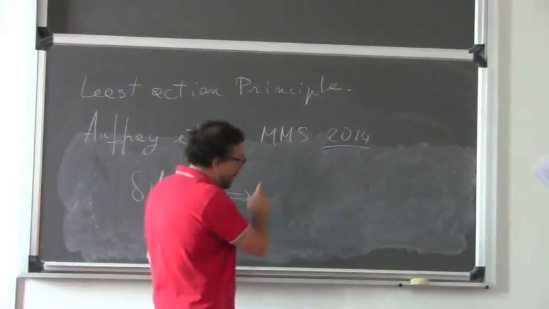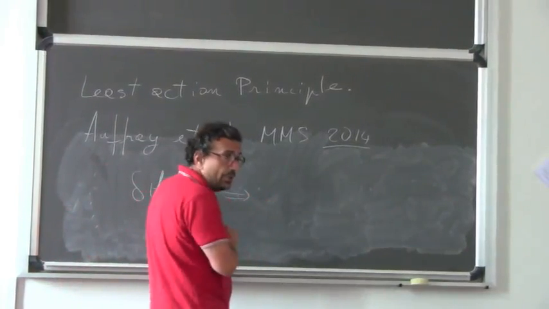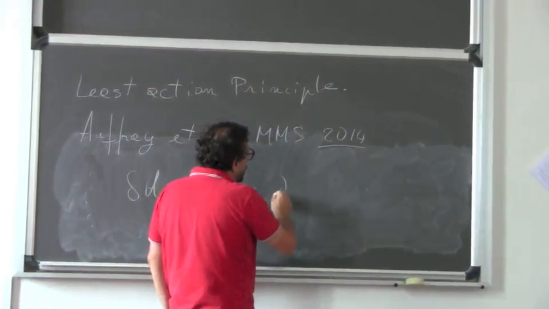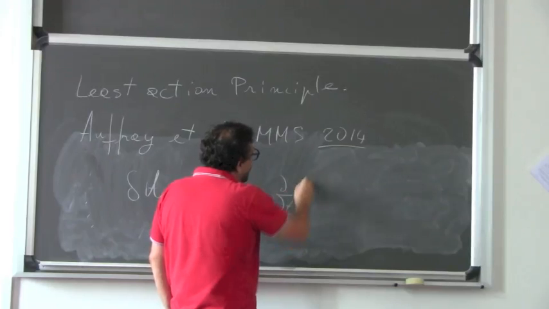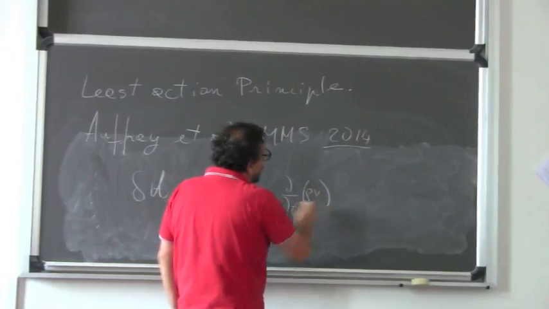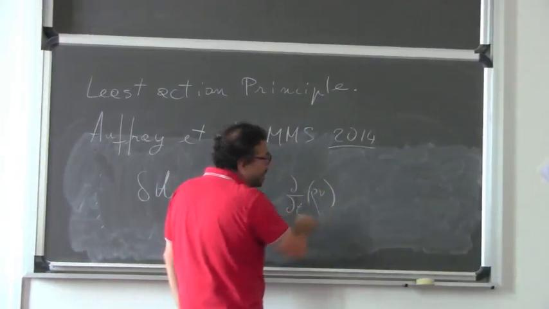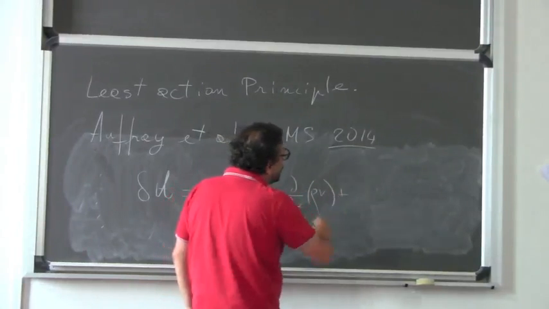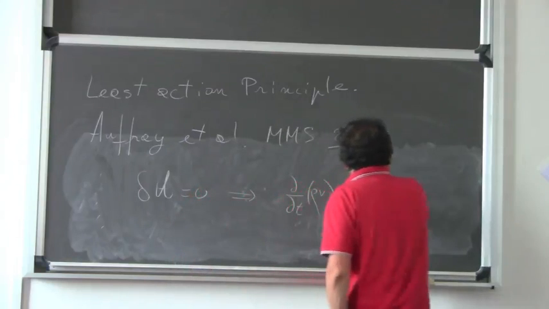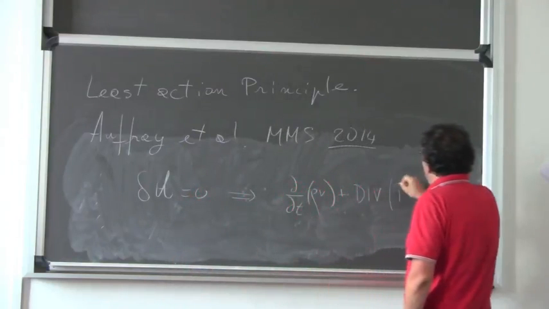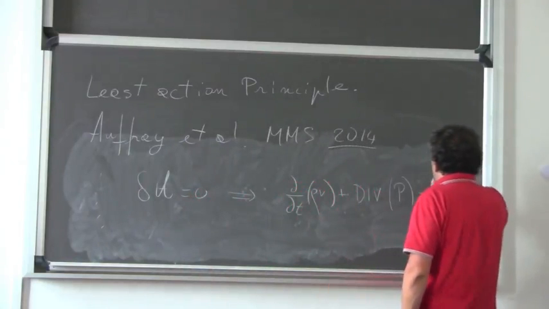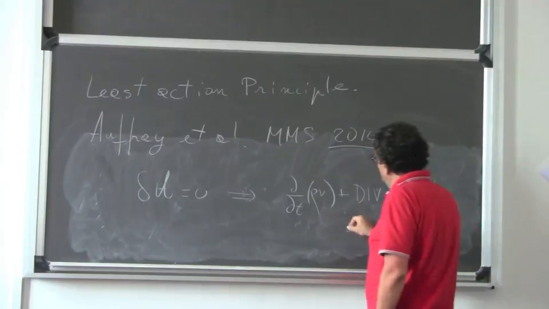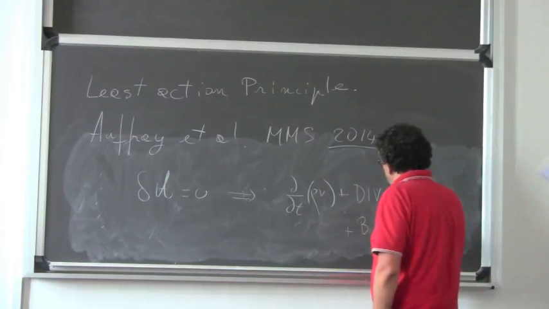In this paper, among the others, you will find this equation: derivative of this plus divergence of Piola stress equals external forces, and the relative boundary conditions.